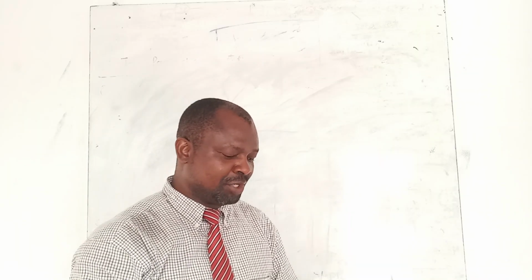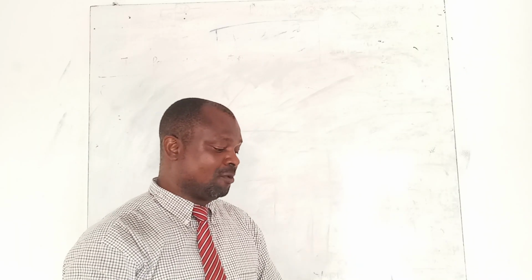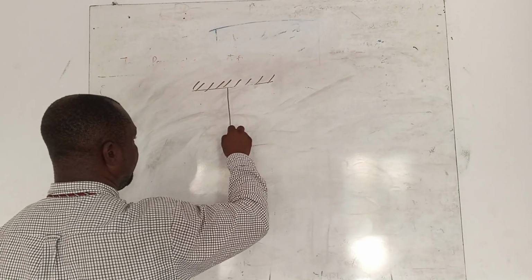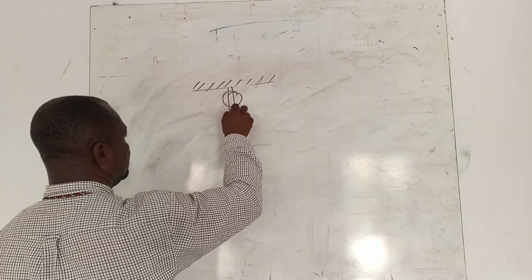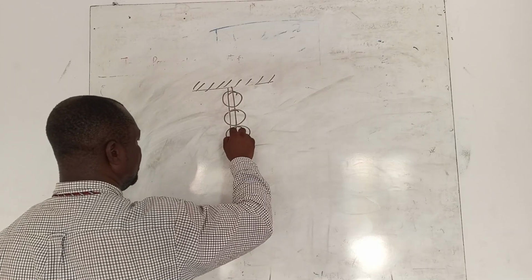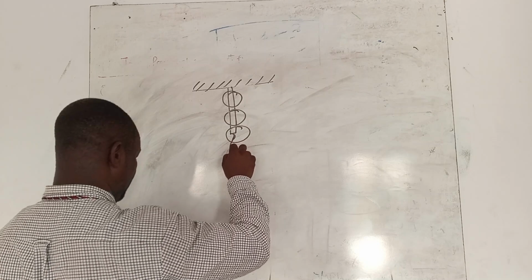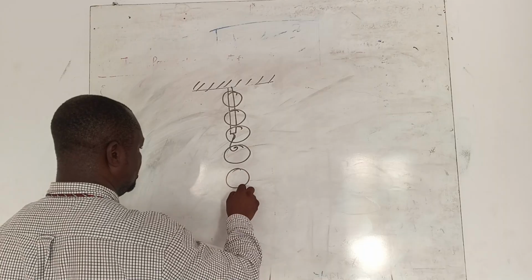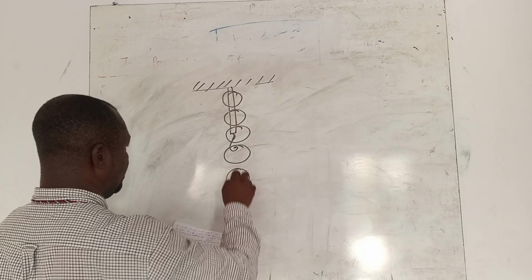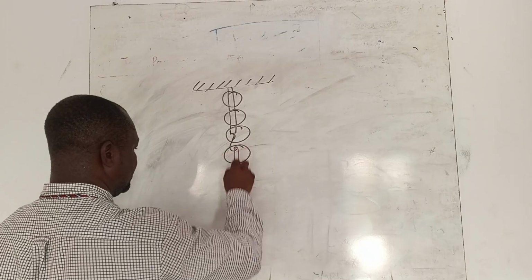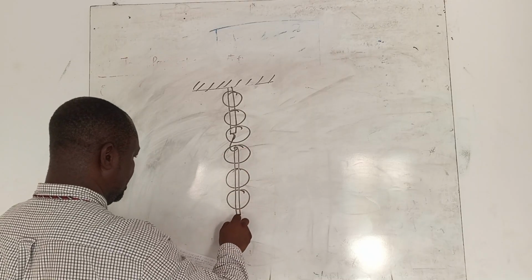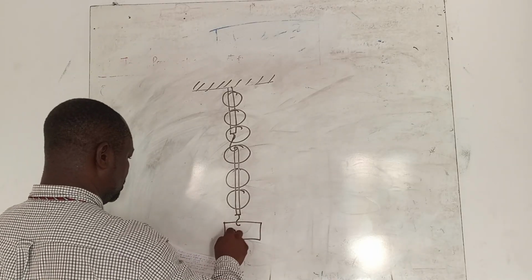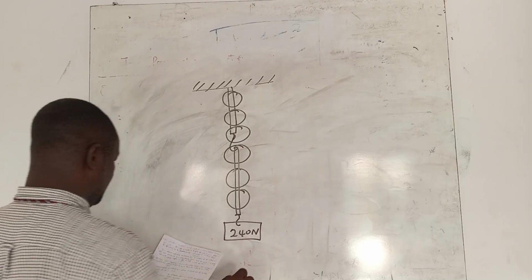The diagram I'm going to draw now is a block and tackle system of pulleys. Pulley 1, pulley 2, pulley 3. We have a hook here. We have another pulley, pulley 1, pulley 2, pulley 3, and we have something like this, and a hook to a load of 240 newtons.